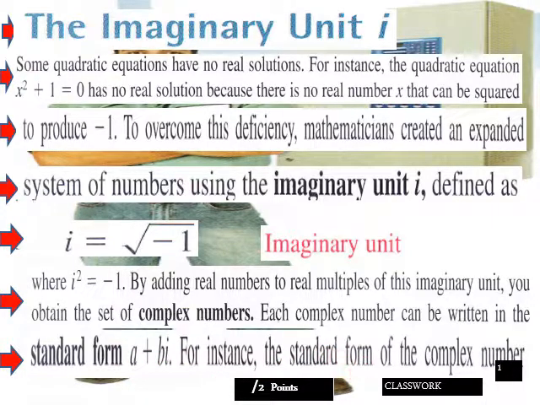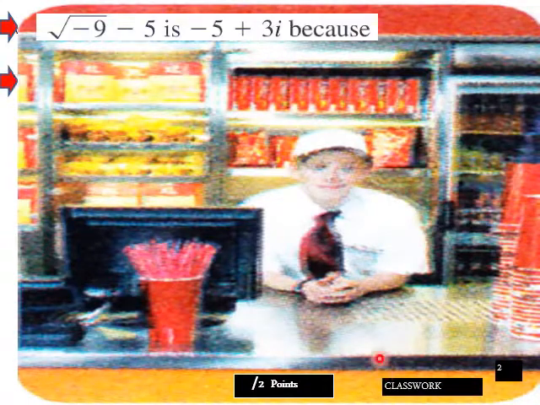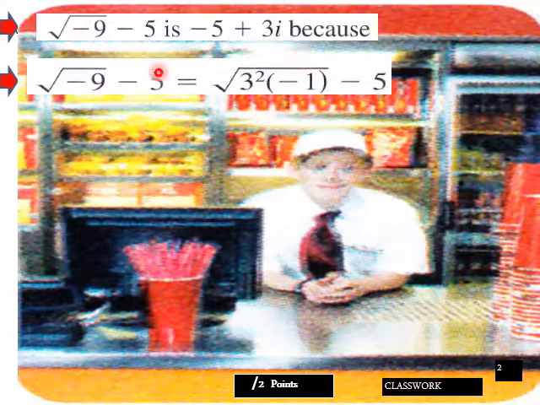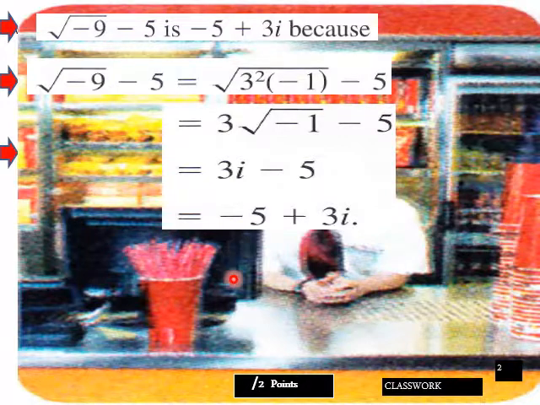For example, the complex number square root of negative 9 minus 5 is negative 5 plus 3i, because the square root of negative 9 minus 5 equals the square root of 3 squared times negative 1 minus 5.